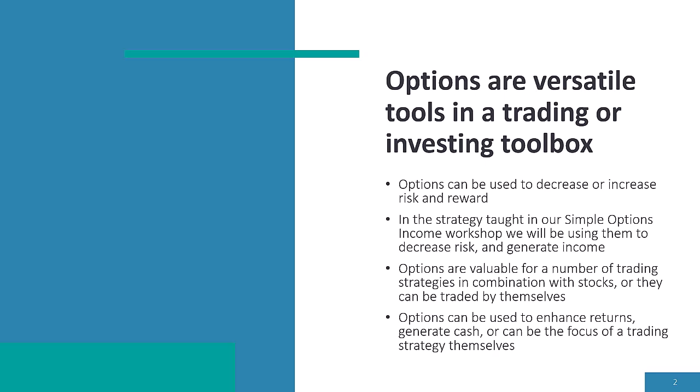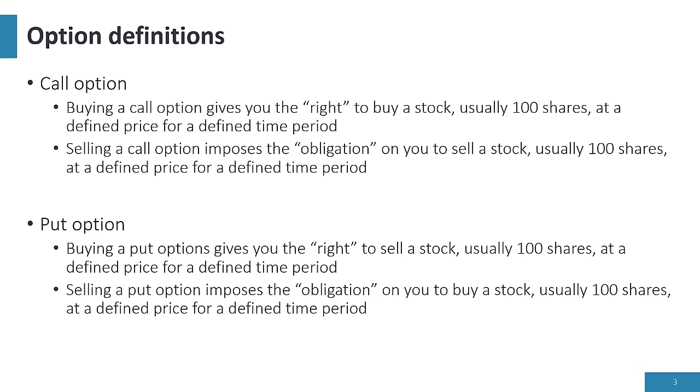Options can be used to enhance returns and to generate cash, and we're going to be doing both of those. And options can also be used just as a trading strategy by themselves. So you could just be an options trader. But we're going to, again, be using them to enhance returns and to generate cash or in a specific income strategy. So let's get to the definitions.